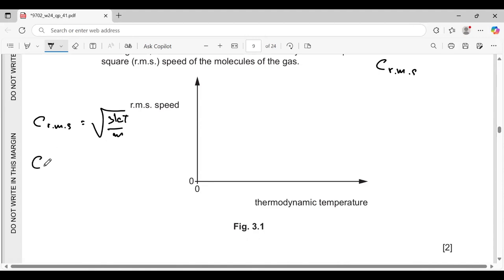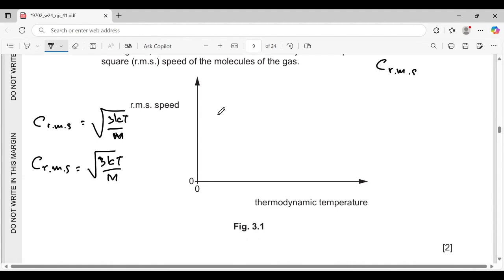And you can also write it as C RMS equals the square root of 3RT over uppercase M. Here, k is the Boltzmann constant, R is the molar gas constant, T is the thermodynamic temperature with unit Kelvin, lowercase m is the mass of one molecule, and uppercase M is the molar mass.